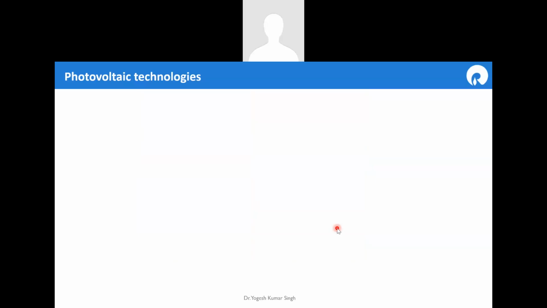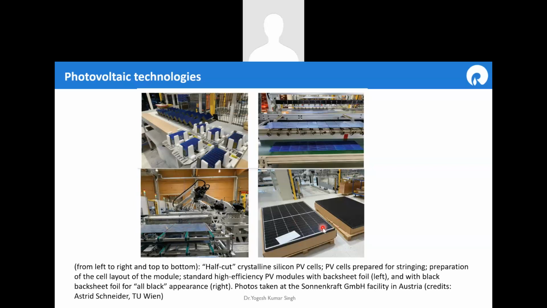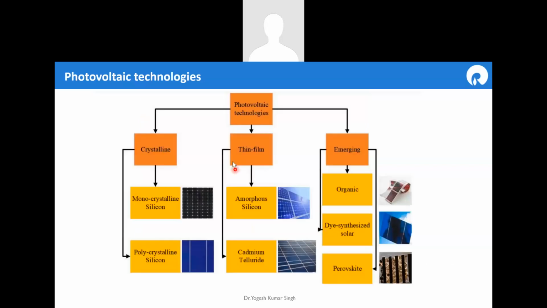Now, when we're talking about the technology, whenever we're talking about the module, there are different types of technologies available. When we're talking about the photovoltaic technology, we have three different technologies. One is the crystalline technology, another is the thin film technology, and the third one is the emerging technology, which is coming in the upcoming years.